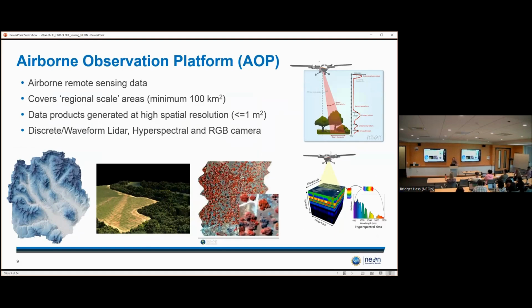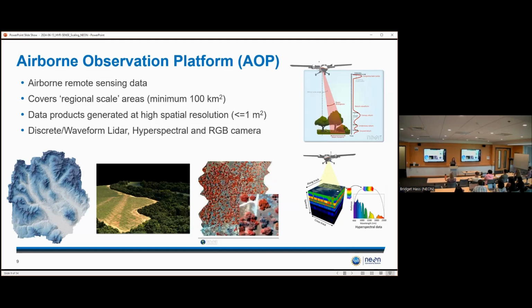These are the discrete and waveform LiDAR system, a digital elevation model generated from that, and then a hyperspectral sensor that's illustrated in the bottom right here. That's our 426 band optical sensor. And then lastly, we have a really high resolution red, green, blue camera, and that's actually at less than 10 centimeter resolution.